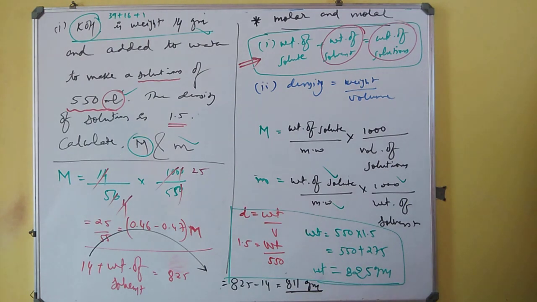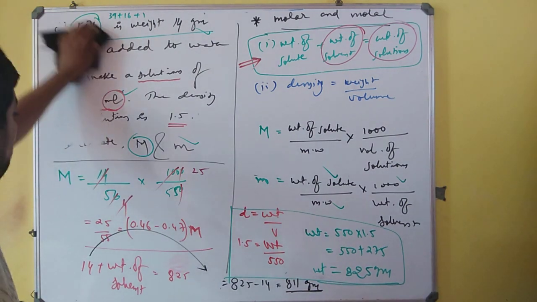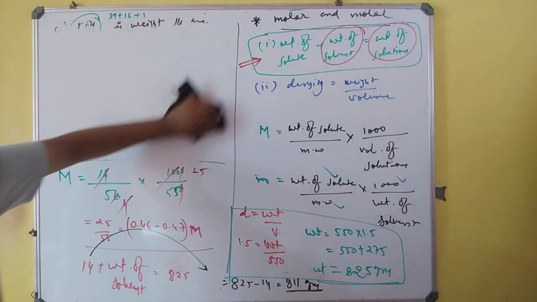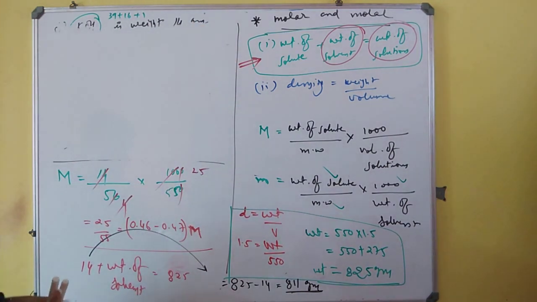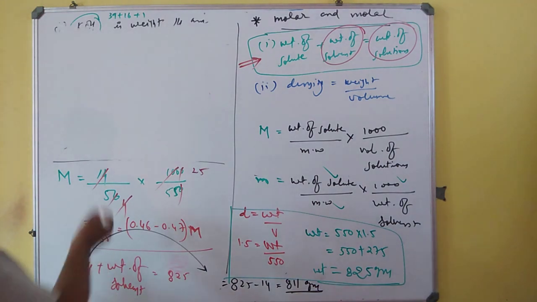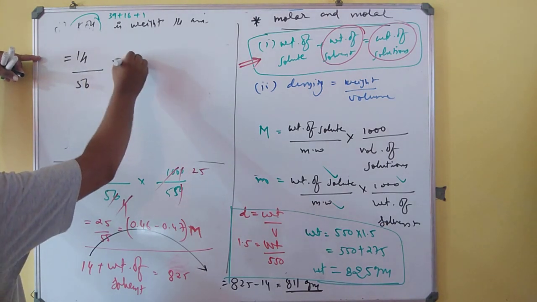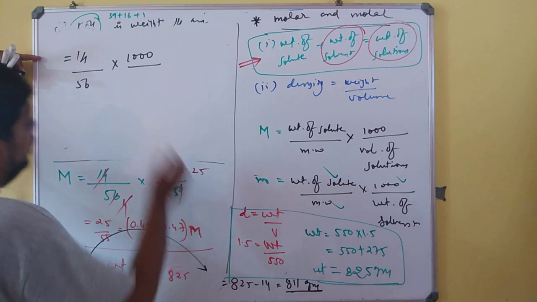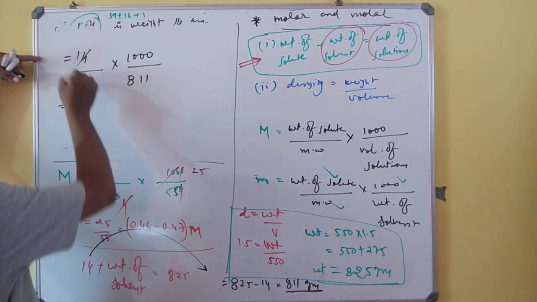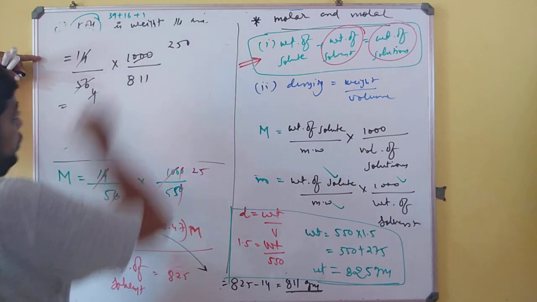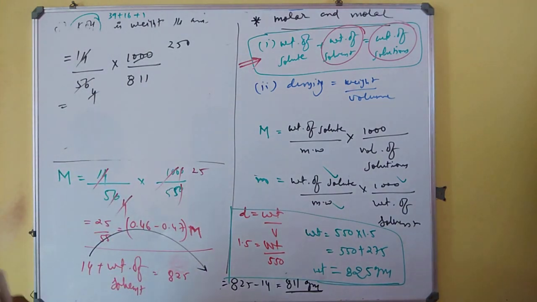I hope you are getting this simple concept. If at all you are still facing any problem, both comment box as well as contact details are available with you. So over here it will be 14 gram divided by 56 into 1000 upon weight of solvent, and when I solve this, that is 250 divided by 811, this will help me get my answer.